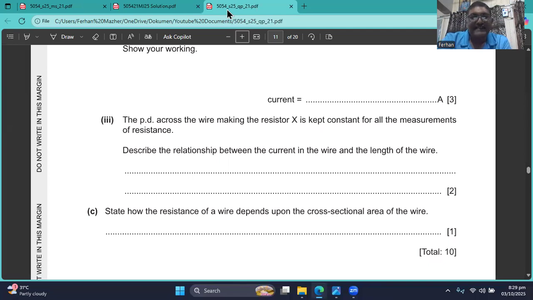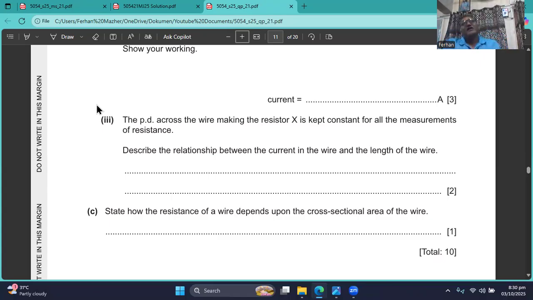Now, question number 6 part C is: state how the resistance of a wire depends upon the cross-sectional area of the wire. The cross-sectional area of the wire and the resistance of the wire are inversely proportional to each other. If you increase the cross-sectional area of the wire, the resistance will decrease. If you decrease the cross-sectional area, the resistance of the wire will increase.